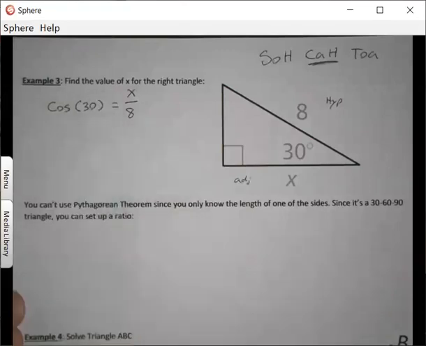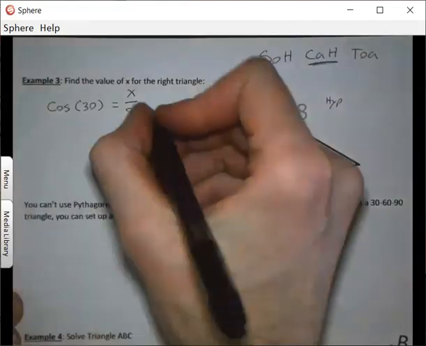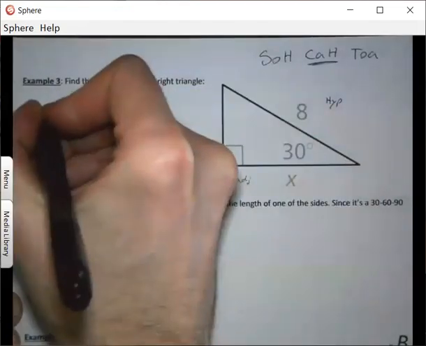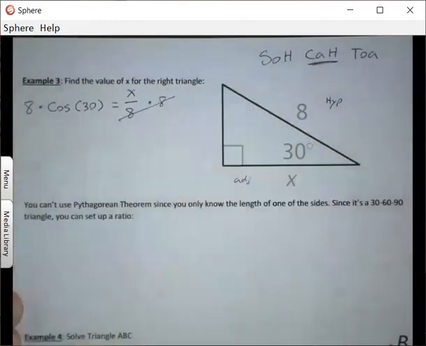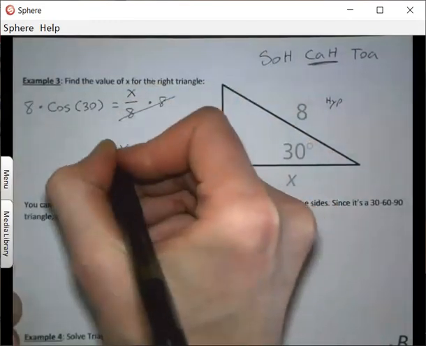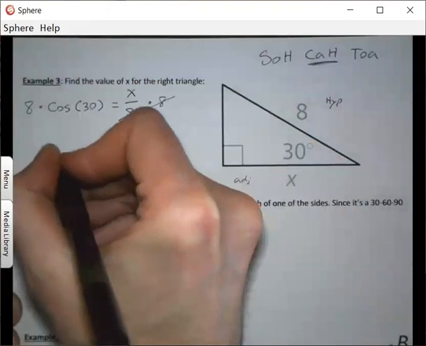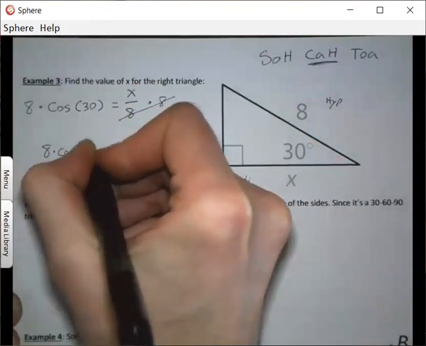Now, from here, we can solve for x. So I could multiply both sides by 8. And we can say that x is equal to 8 times the cosine of 30.